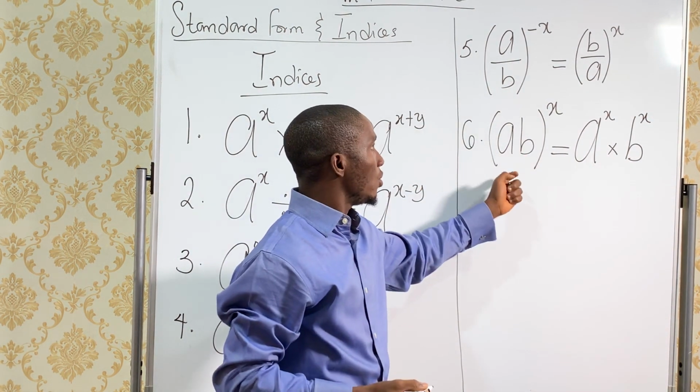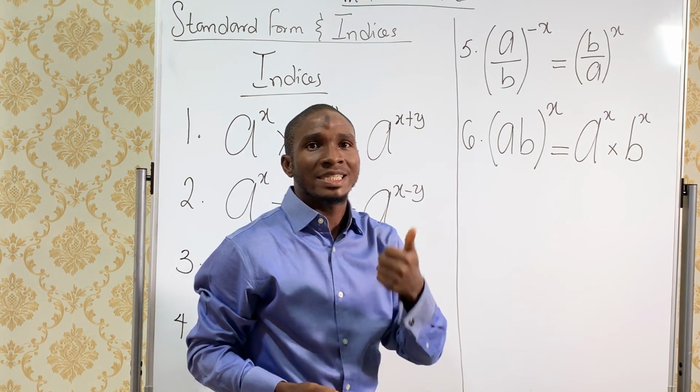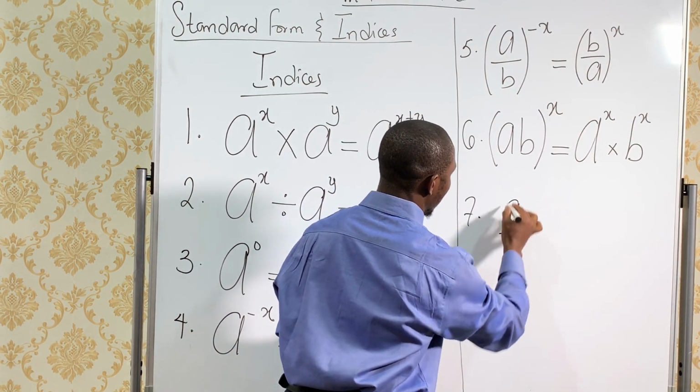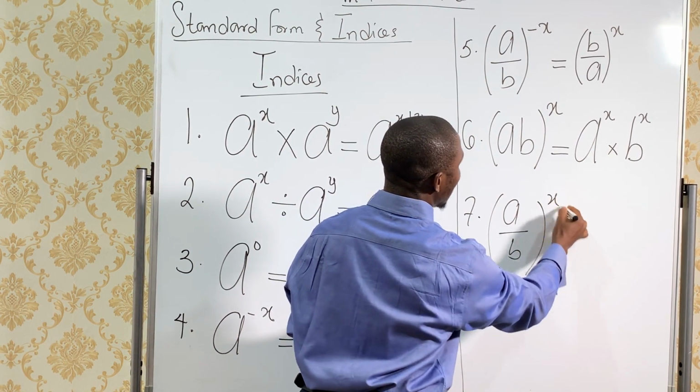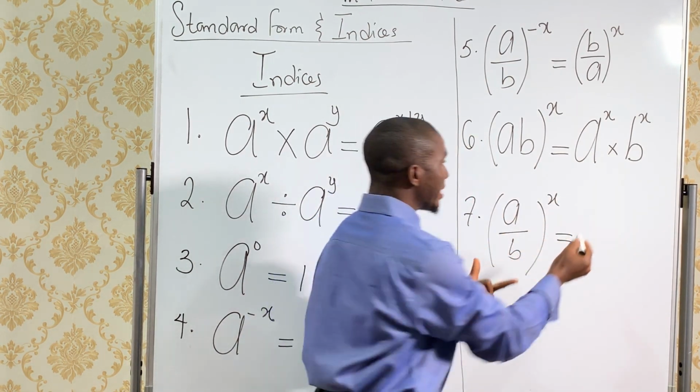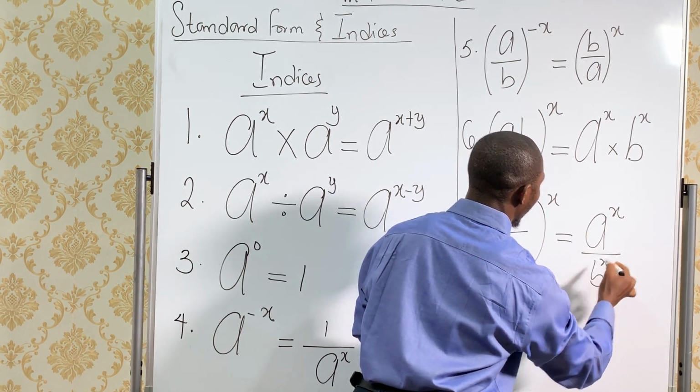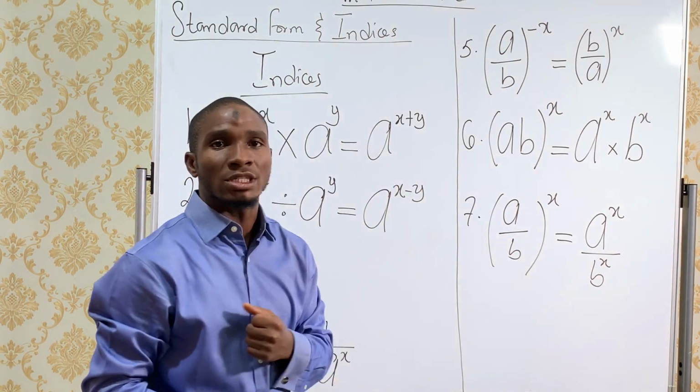That is, each of the a and b will carry the power. The same thing if it is division and you are to open the bracket, each of them will carry the power. This is the seventh law.